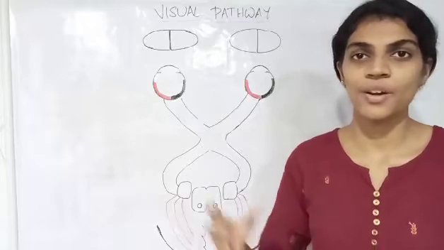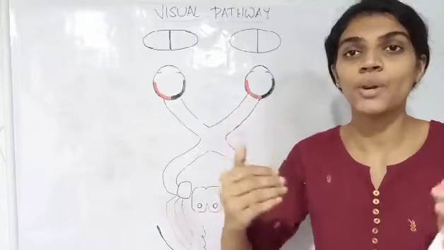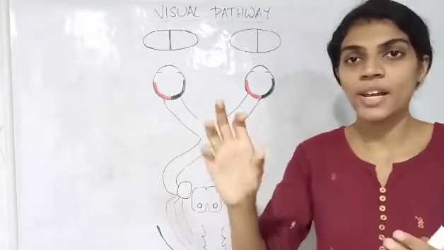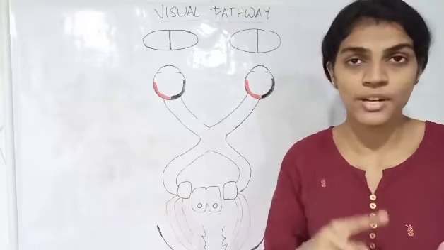So when the light strikes the retina, that is the neural layer of the retina. In the neural layer of the retina you can find light receptors like rods and cones.